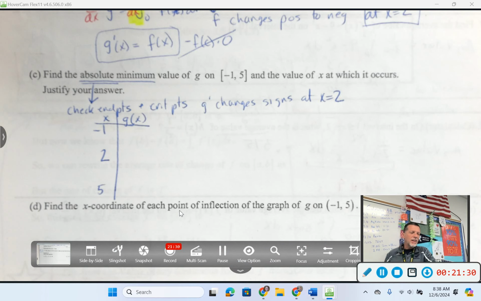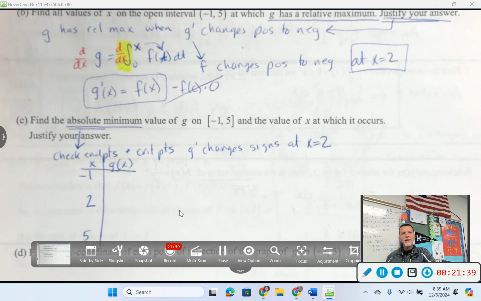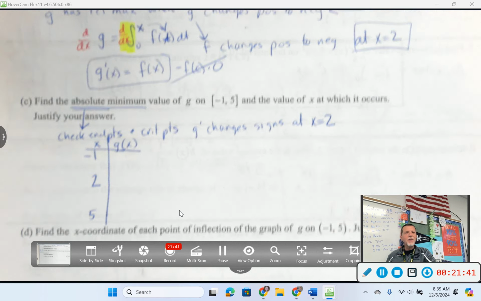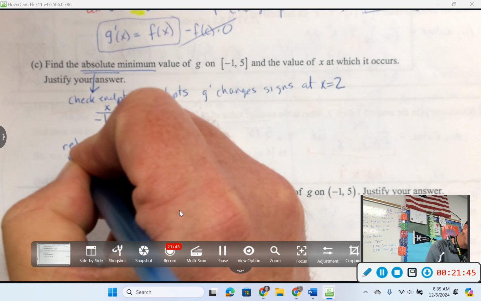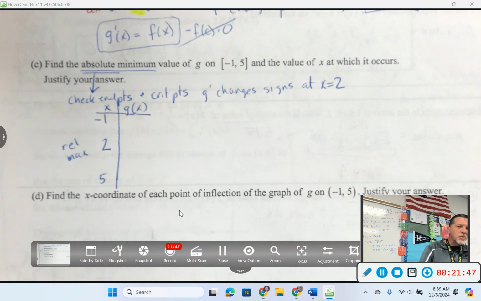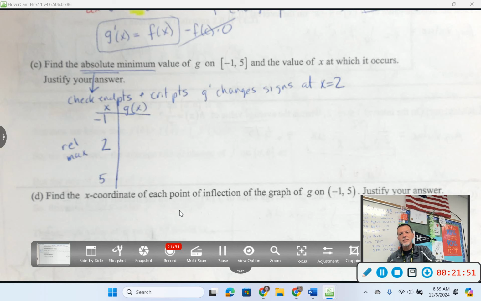If you're really paying attention, you could not check x equals 2. Do you know why we don't really need to check x equals 2? Because it's a maximum. X equals 2 we already said was a relative max, and we're looking for a min. So if you identify that as a max, you don't need to check that one, because a relative max can't be an absolute minimum.